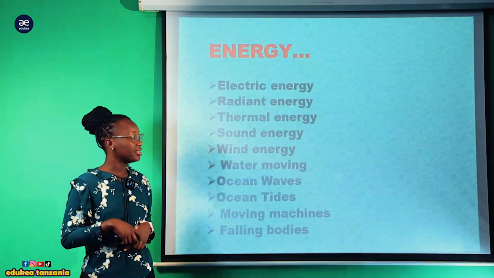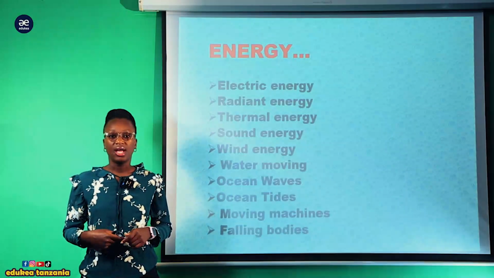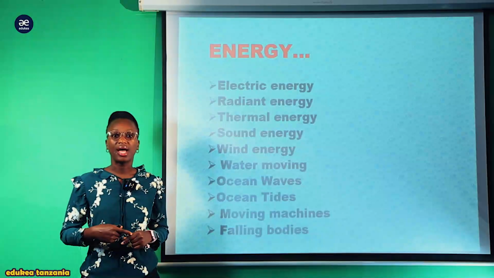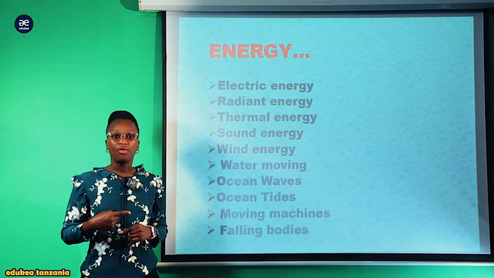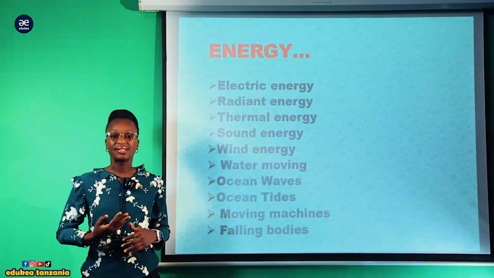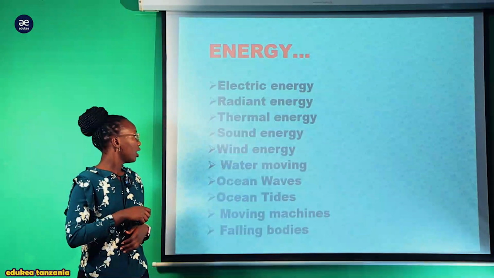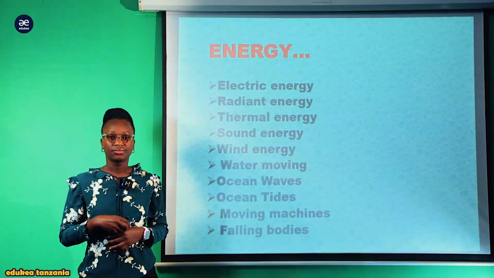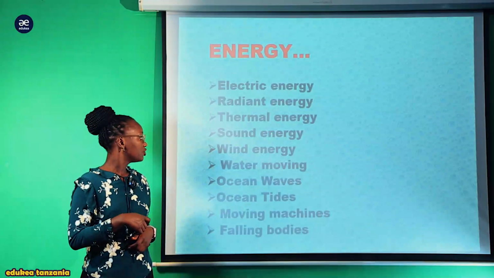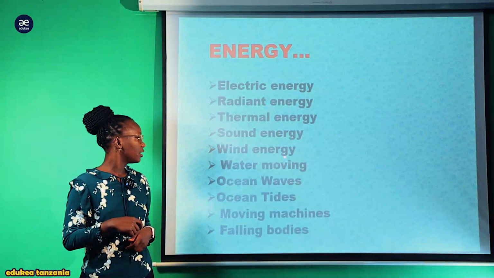Another is radiant energy, radiations. Those radiations, they are moving. They are not in their position. So they exist as kinetic energy. Thermal energy, form of heat. Sound energy, wind energy.